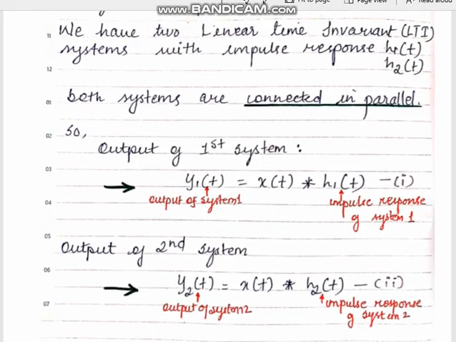Consider the output of the first system, y1 of t. How is y1 of t represented? It is represented in the form of convolution, where x of t, the input signal, is convolved with the impulse response h1 of t. So y1 of t equals x of t convolved with h1 of t.